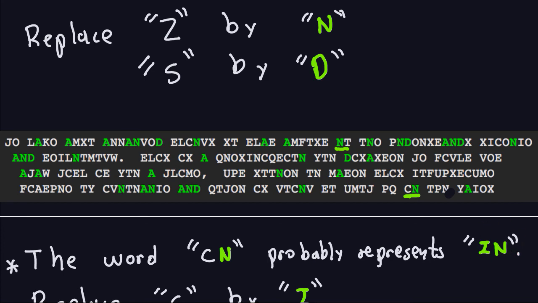And the reason for that is because you go back to that fact that gives you the frequency of the two-letter words. And a word that ends in N, that is a two-letter word, will probably be this one, in. Okay, I'm going to go all the way up to show you that in is a common two-letter word that ends with N. So I'm guessing that this is going to be in.